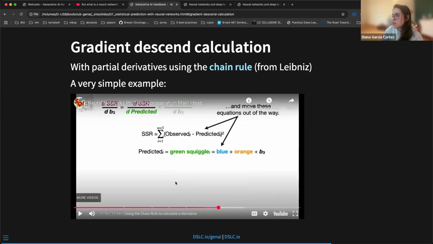So to find that gradient, we're going to have to find the partial derivatives with respect to each of the weights and each of the biases.